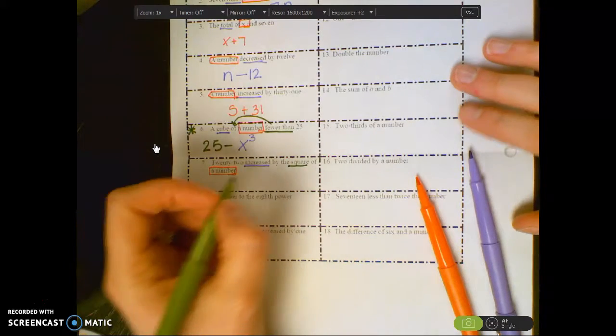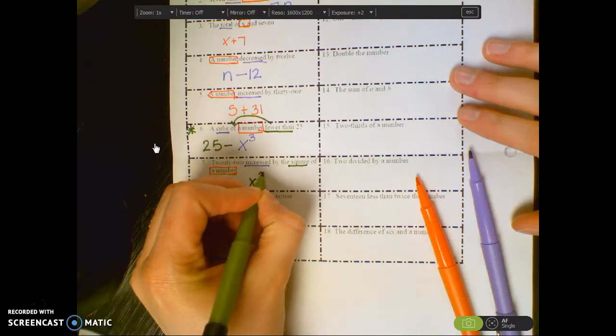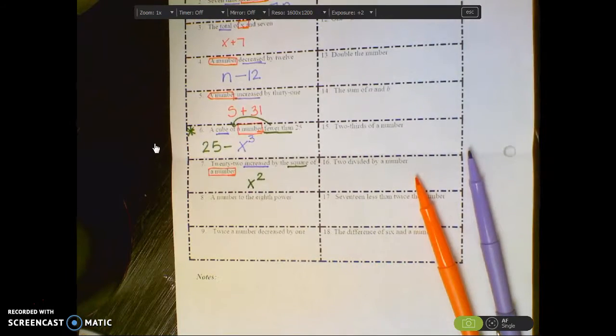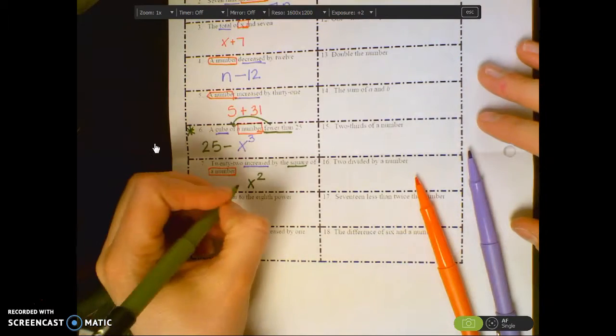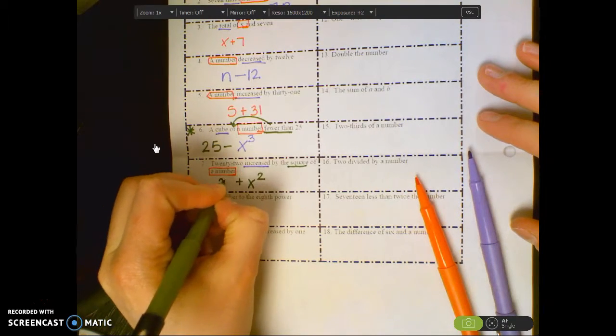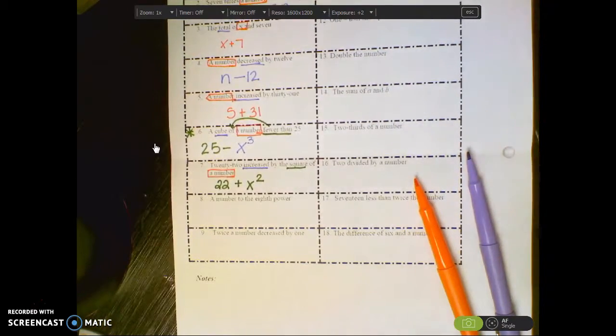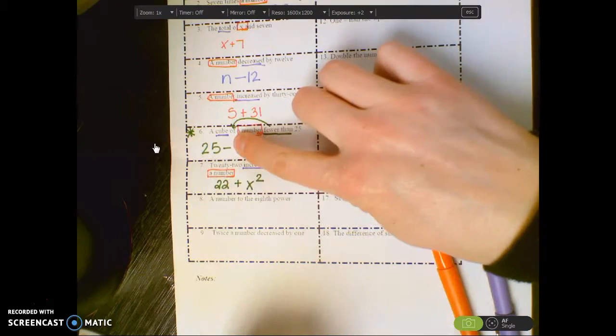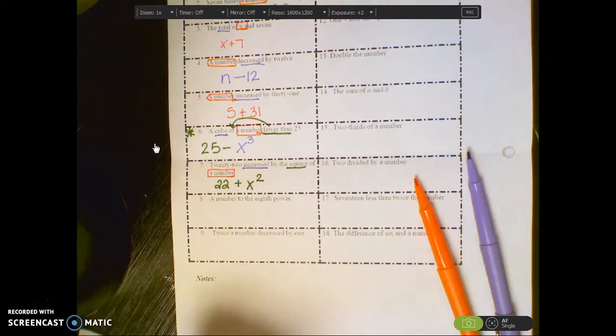So the square of a number, anytime you have a square of something, that has to go right there, that's your exponent. And then increased means to add. And because you're adding, you can do it on either side. Adding doesn't matter if it comes before or after, where subtraction does. That's why this one matters, where it's placed.